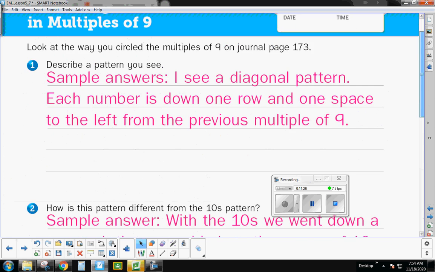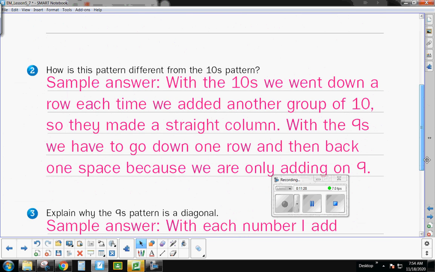Okay? And then how is this pattern different from the 10s pattern? Well, with the 10s pattern, we went down a row each time we added another group of 10. So they made a straight column, didn't they? But with the 9s, we have to go down one row and then back one space because we're only adding 9. Instead of adding 10, we're adding 9.